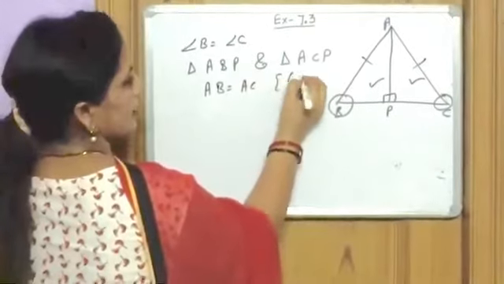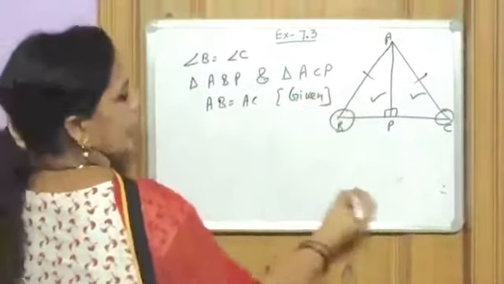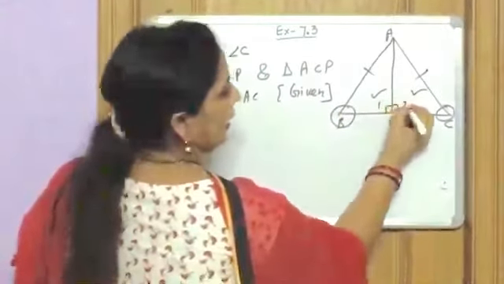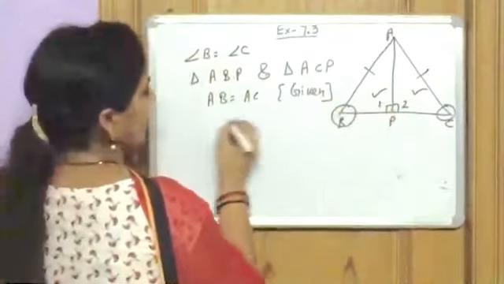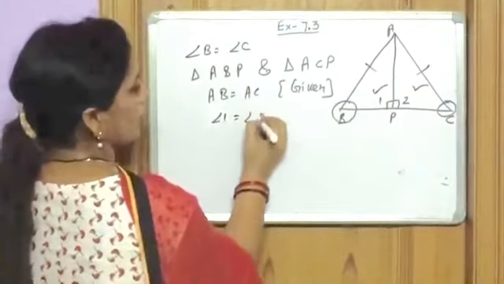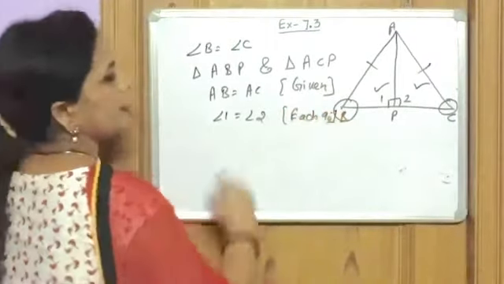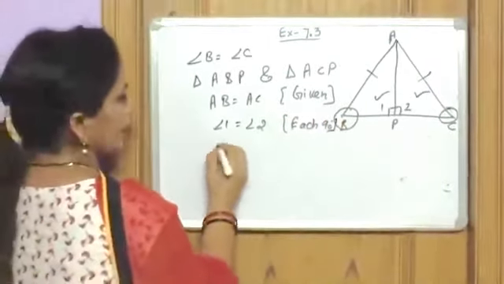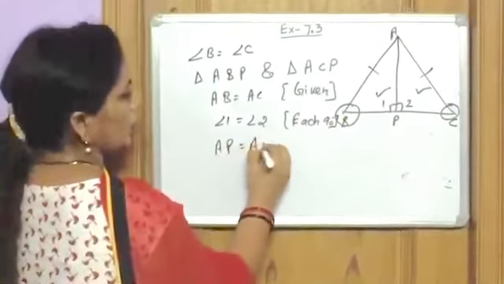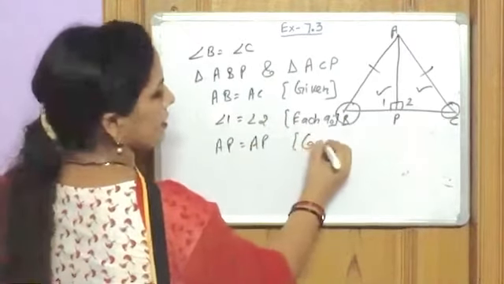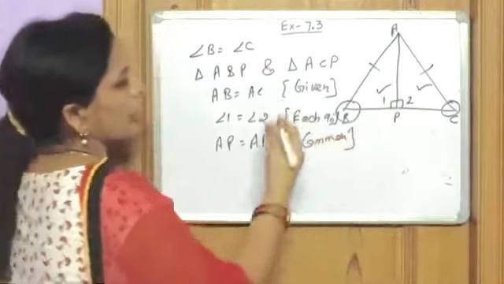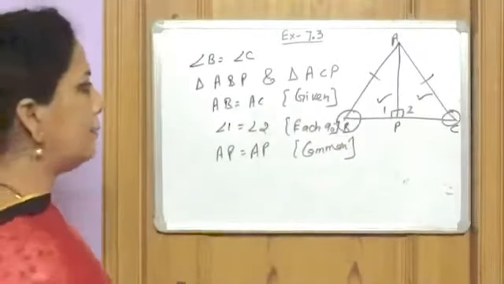This is given. Next, if we consider here angles 1 and 2, then angle 1 is equal to angle 2 because each is 90 degrees. Third is AP is equal to AP because this is common. Now check out which rule we followed here.